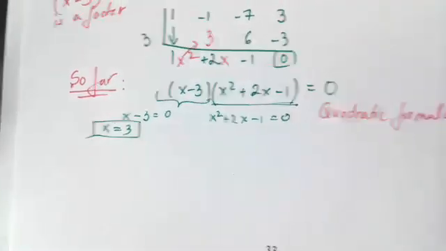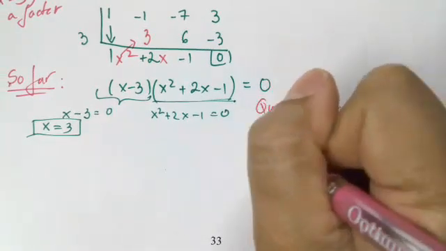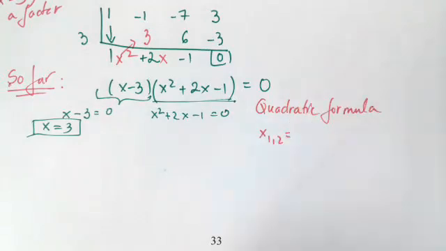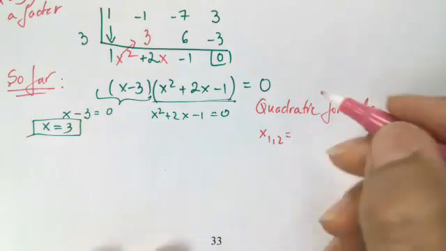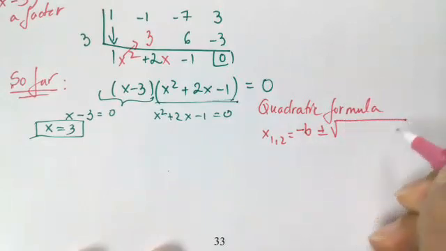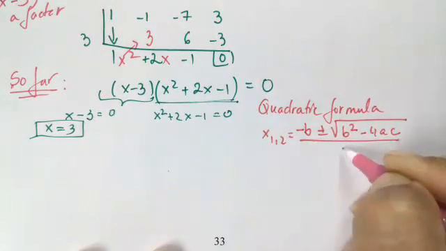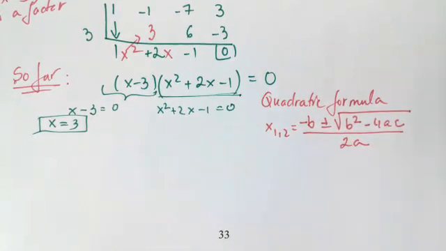Well, the quadratic formula scares people. It looks messy, but it's quite easy to apply. Okay, it looks like this. You might get up to 2 solutions, so you sometimes write it like this: x1,2 equals minus b plus or minus the square root of b squared minus 4ac, divided by 2a, where a, b, c are the coefficients of the quadratic trinomial.